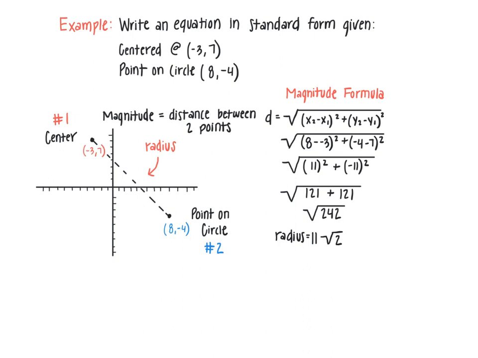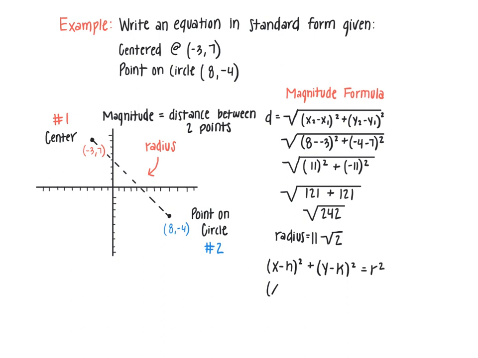Radius equals. And so finally, I'm going to end by plugging in the coordinates for the center and the radius into the standard form equation to give us the formula for our circle. So again, it's x minus h squared plus y minus k squared is equal to r squared.